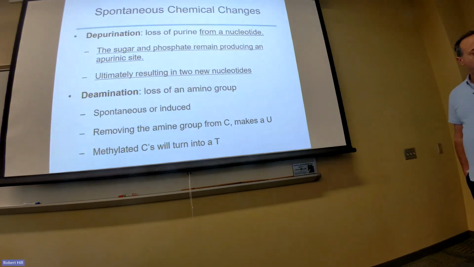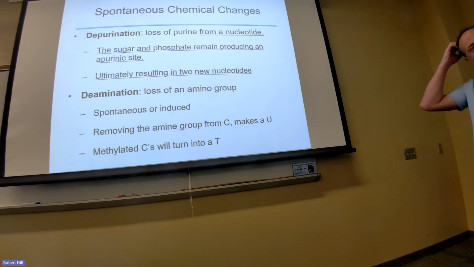Okay, so there are some other cases that cause mutations as well. We're going to talk about depurination. This is specifically the loss of the purine group from the nucleotide. It is not an entire nucleotide leaving the DNA or getting lost. It's just the nitrogenous base, the part that makes the purine.